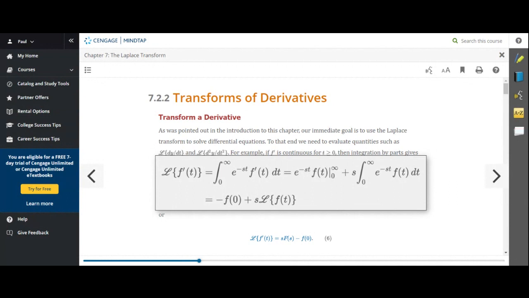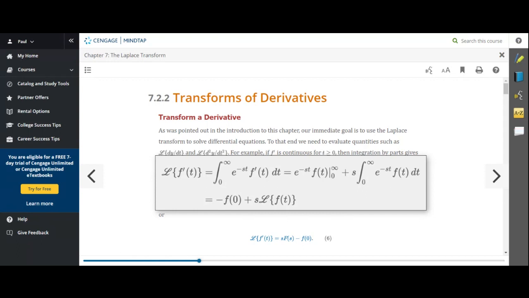And if we were to take the Laplace transform of f prime of t, that would equal negative f of 0 plus s times the Laplace transform of f of t. The way they find that is using integration by parts. And actually I have that worked out to show you, but I think I'll wait till Thursday's class to show you how to derive this.